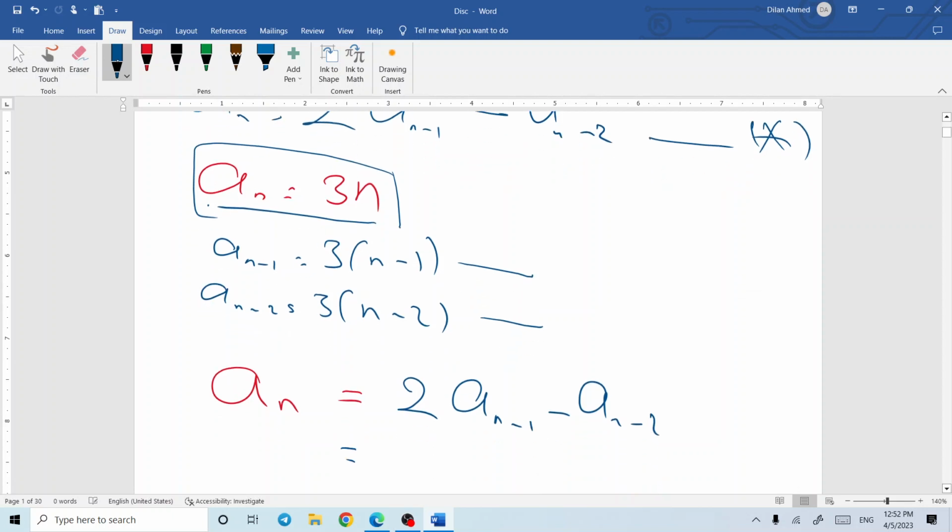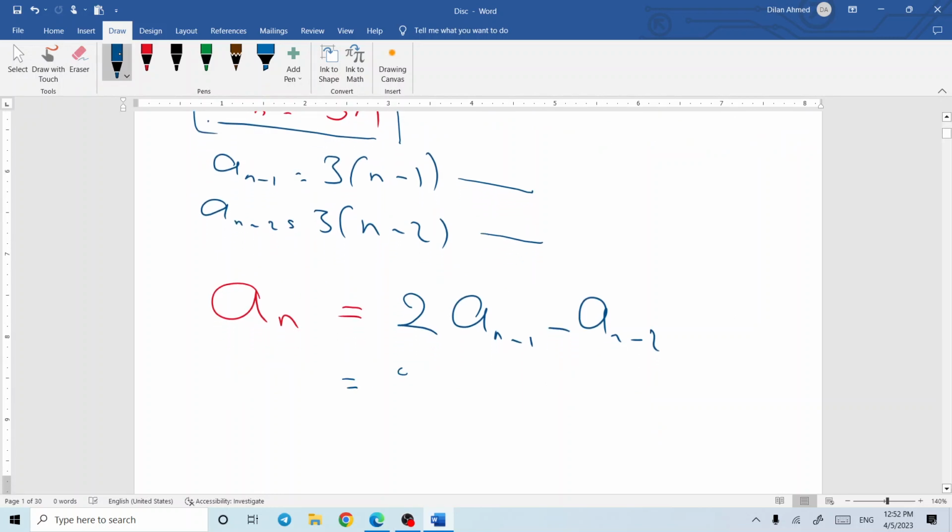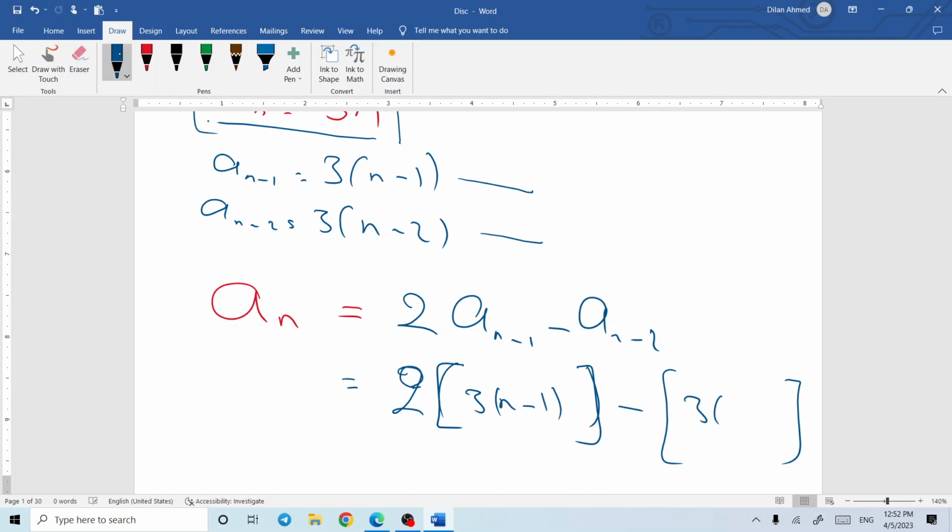Look here. 2an minus 1 equal to 2 times 3n minus 1, minus this package, right? 3n minus 2. You are right. Tamam? Just put it in this place.